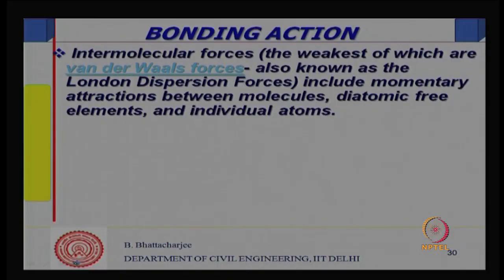So, the bonding action of these intermolecular forces is generally weak, not a chemical bond, not very strong. We have seen that it is of the order of about 7 MPa, but the actual bond could possibly be more than that. Well, cement to cement bond is because of this.